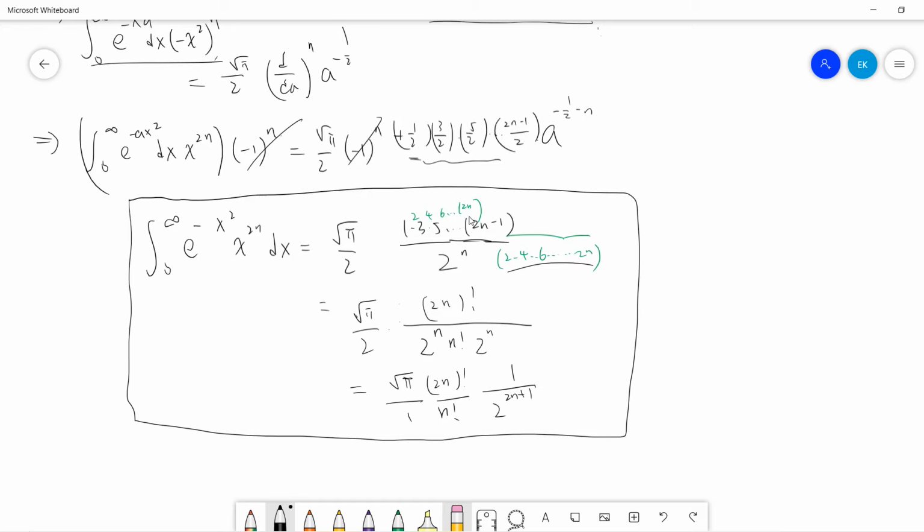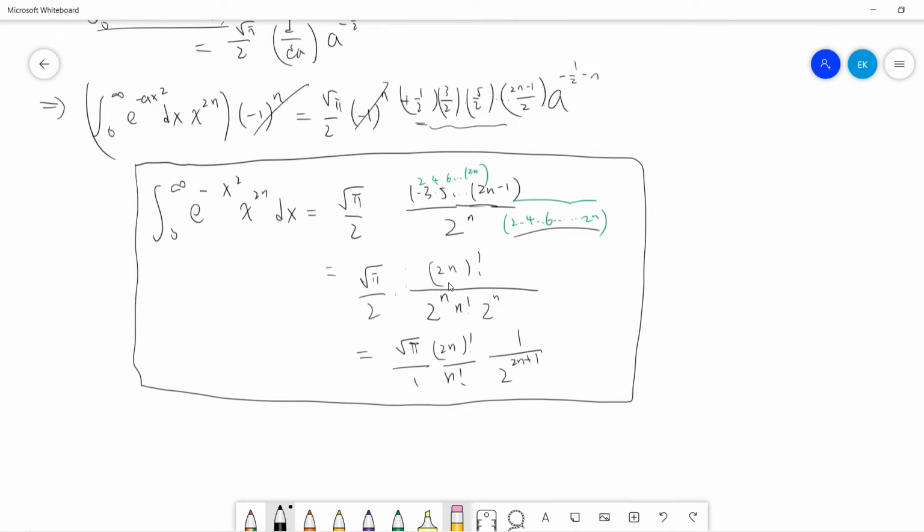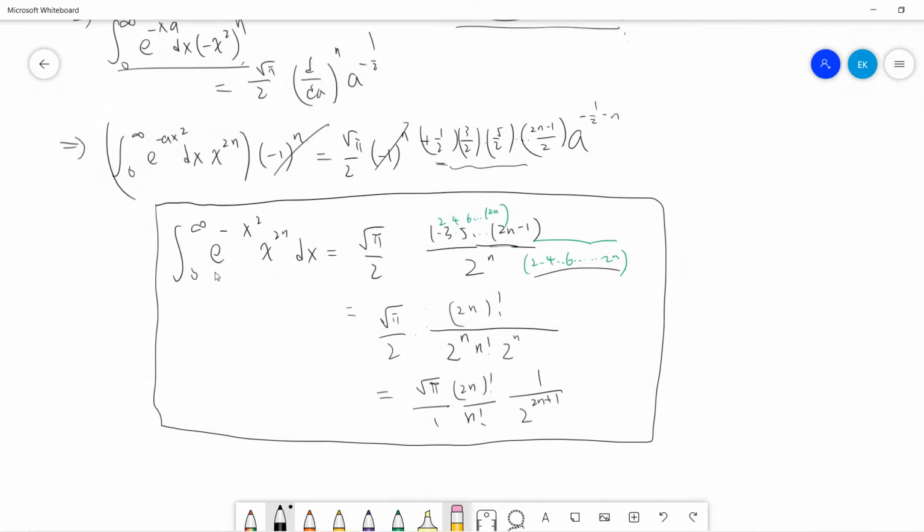So the numerator combined will be (2n) factorial, and the denominator will be 2 to the n factorial times 2 to the n, because we can change it into 2 to the n times 1, 2, 3 up to n. So we combine all of these, and we get 1 over 2 to the 2n plus 1, times (2n) factorial, times square root of pi. So this is the final answer.